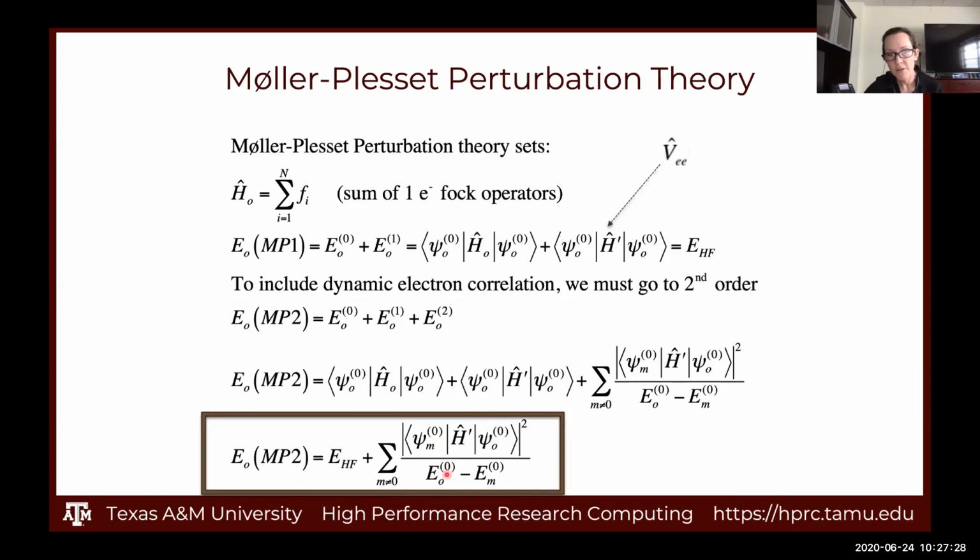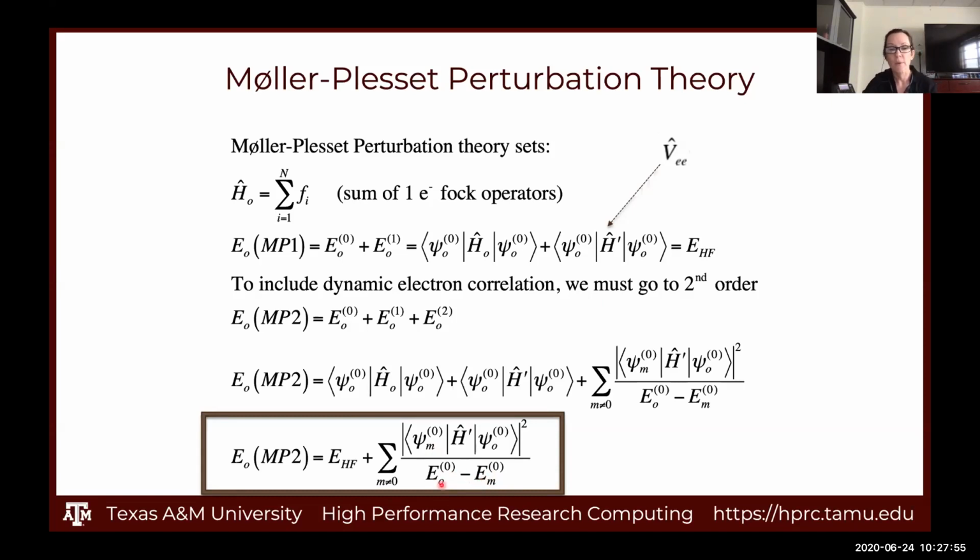You'll notice in the denominator, it looks at the difference in energy between the excited state where the electron has been promoted and the ground state. The closer they are in energy, the more it contributes to the stabilization. So this is sampling how much the electrons want to get away from each other. This is how it incorporates this dynamic motion, and that's how it samples it.